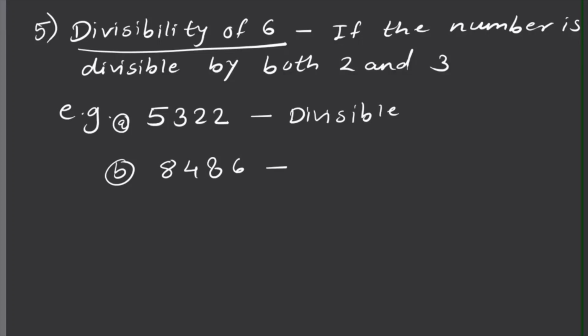That's why this number is not divisible by 6. The given number should be divisible by both 2 and 3, then only that number is divisible by 6, otherwise not. Let's move to the next rule, divisibility of 7.